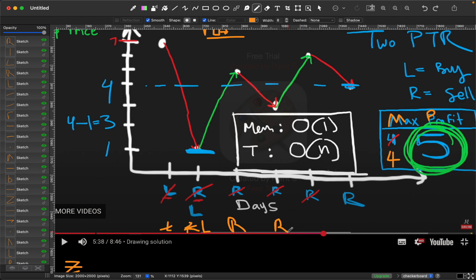Say that our R runs here this time around, and this time we get a 2. We don't have a new max profit, because 2 isn't bigger than 4. So we continue, because we are actually very satisfied with our L since it's the lowest point.